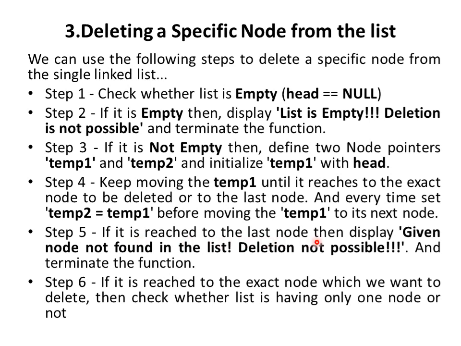If it reaches the last node, then display given node not found in the list, deletion is not possible, and terminate the function. Next, last step: if it reaches the exact node which we want to delete, then check whether the list has only one node or not.